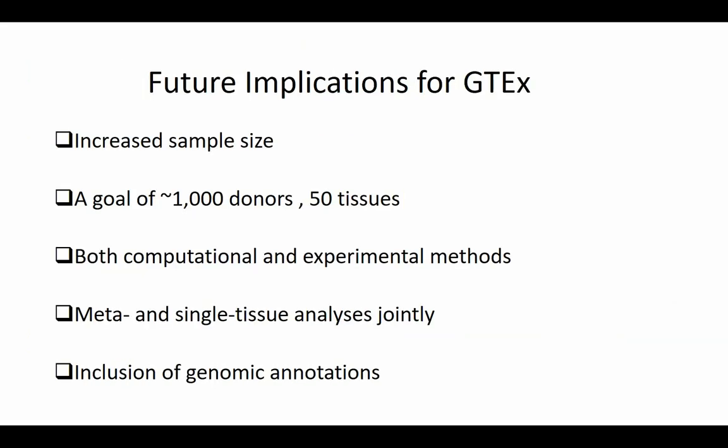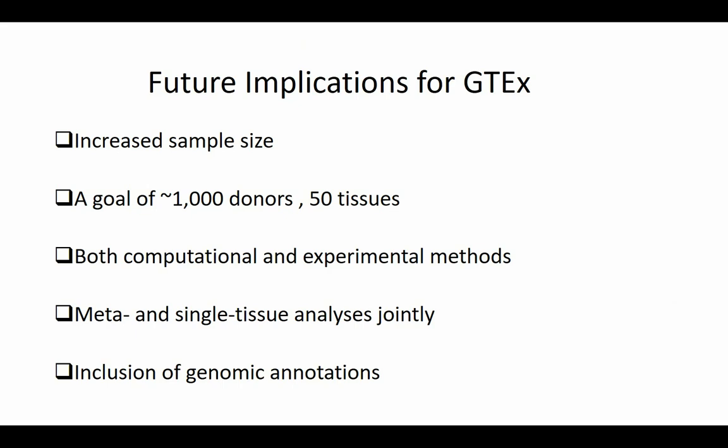So what the project has expanded to from what I showed you is that the sample size really increased. By now, it reached 1,000 donors and 53 tissues. Computation and experimental methods became really nice. Visualization became tremendously improved.